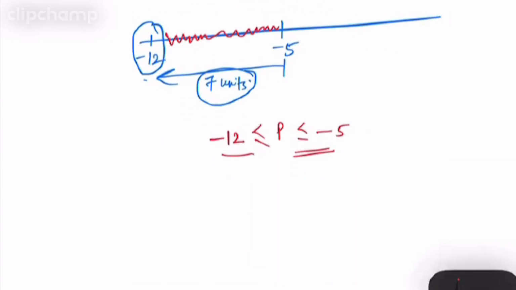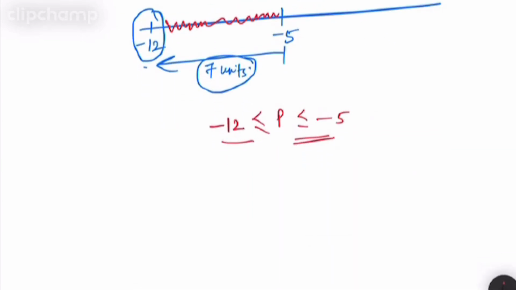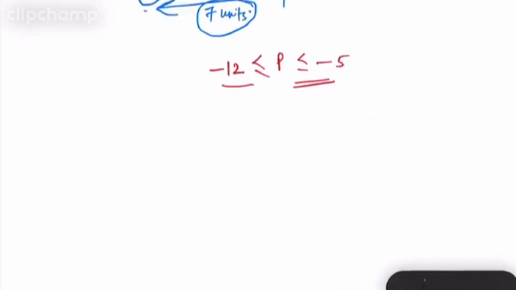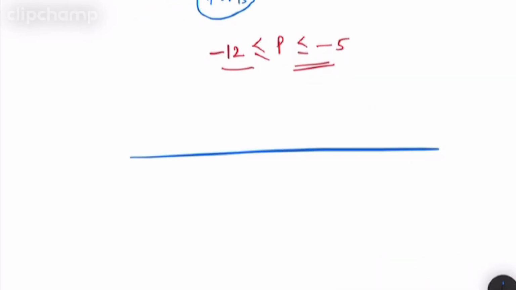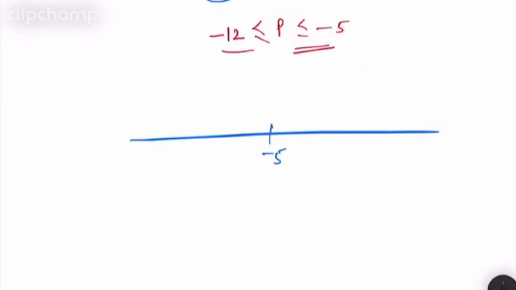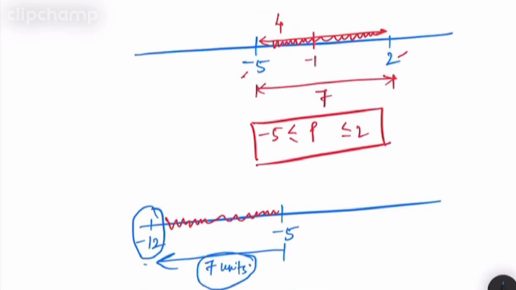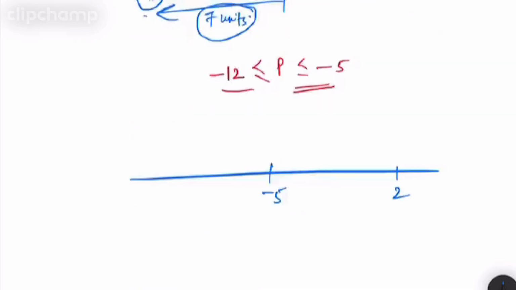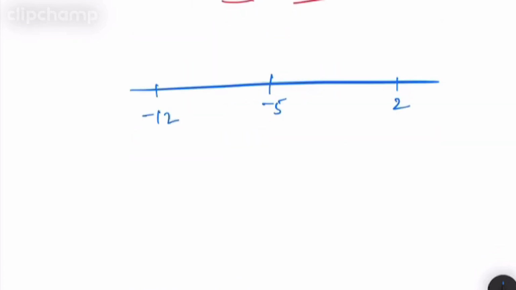Now if we draw a complete and common number line, here it is minus 5, here it is number 2, and here it is number minus 12.